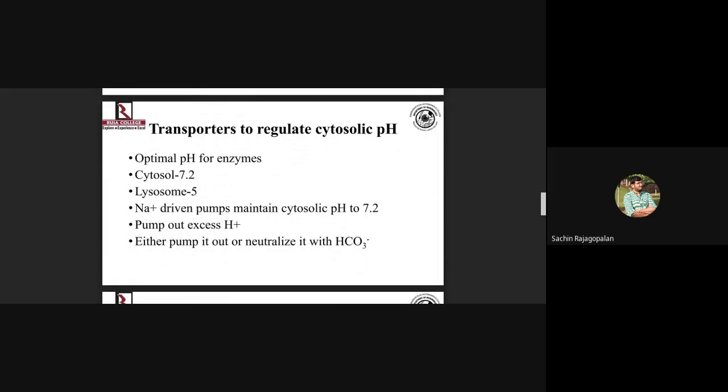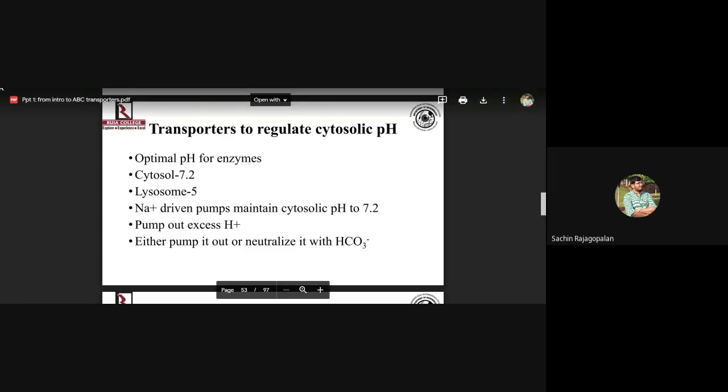There are several transporters which work only for regulating cytosolic pH. Can you tell me why the pH of the cytoplasm is so significant? Can anyone tell me why it is important for maintaining cytoplasmic pH? Anyone?